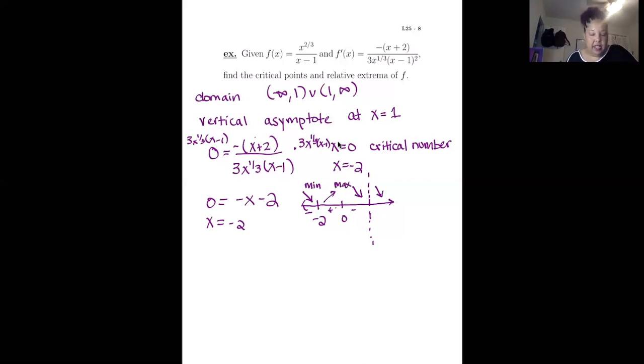Now notice it doesn't change at 1, but even if it did, since there's an asymptote, it couldn't be a max or a min. All right, so I have a min that occurs at x equals negative 2 and a max that occurs at x equals 0.